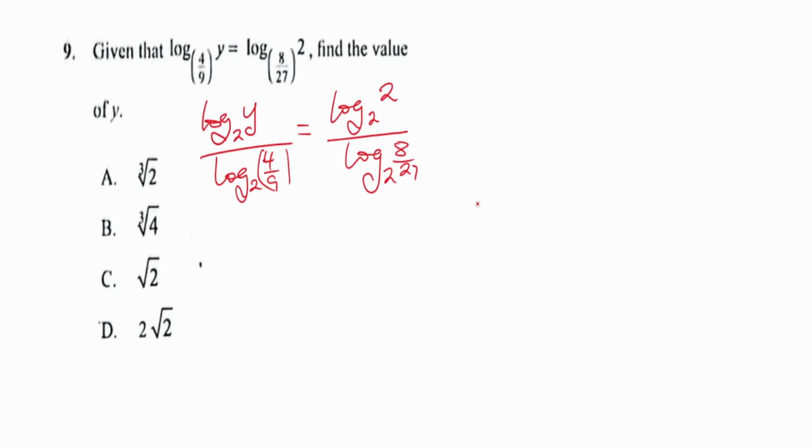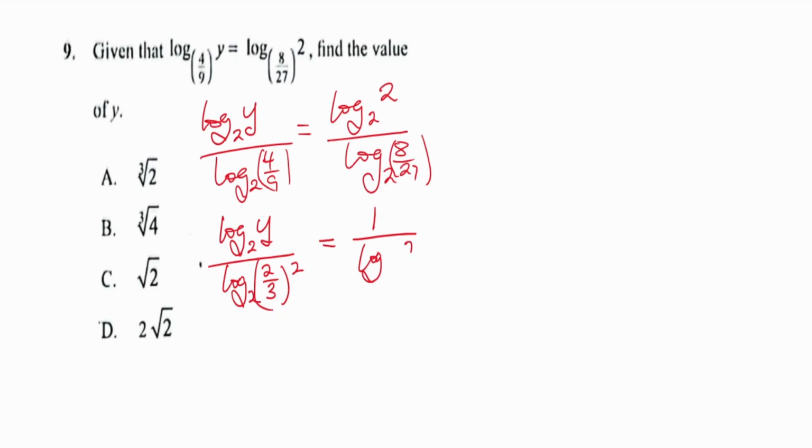Then solving further, this is going to give us log y to the base 2 divided by log, both the numerator and denominator are perfect squares, so we can break them down as (2/3) squared to the base 2. And that will be equal to log to the same base gives us 1. So 1 divided by log, and then 8 and 27 are cubes.